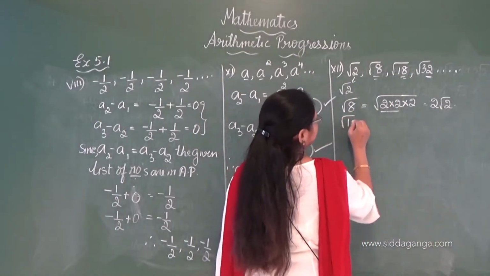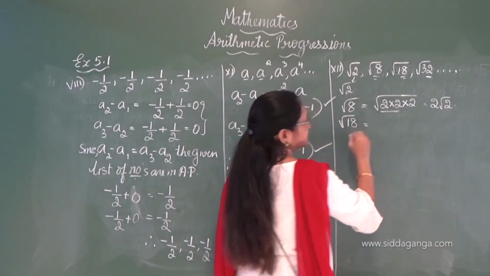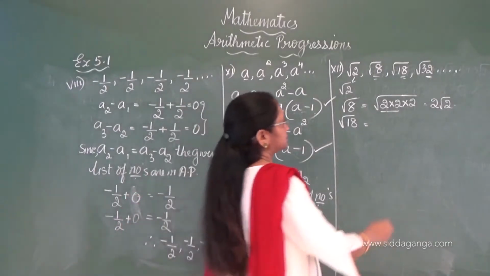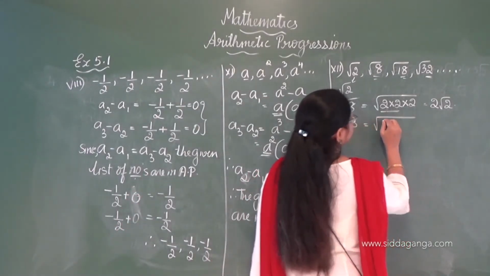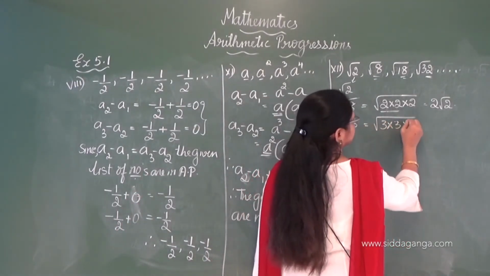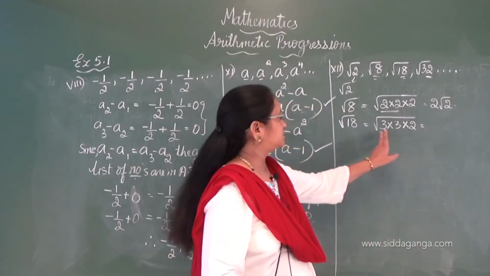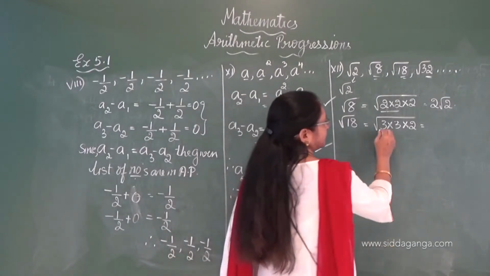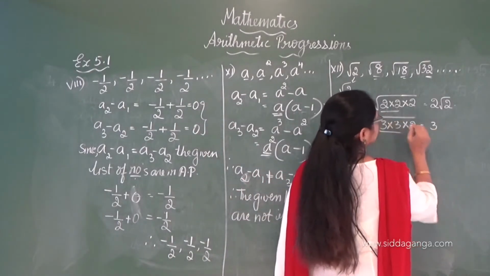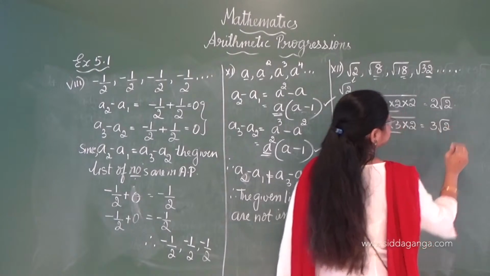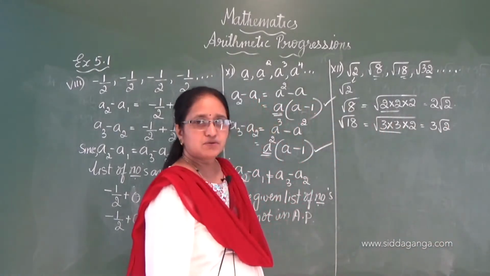Now, root 18. How to bring this to the simplest form? See here. 3 3s are 9, 9 2s are 18. Now, this 3 you can take out: 3 root 2. Okay.